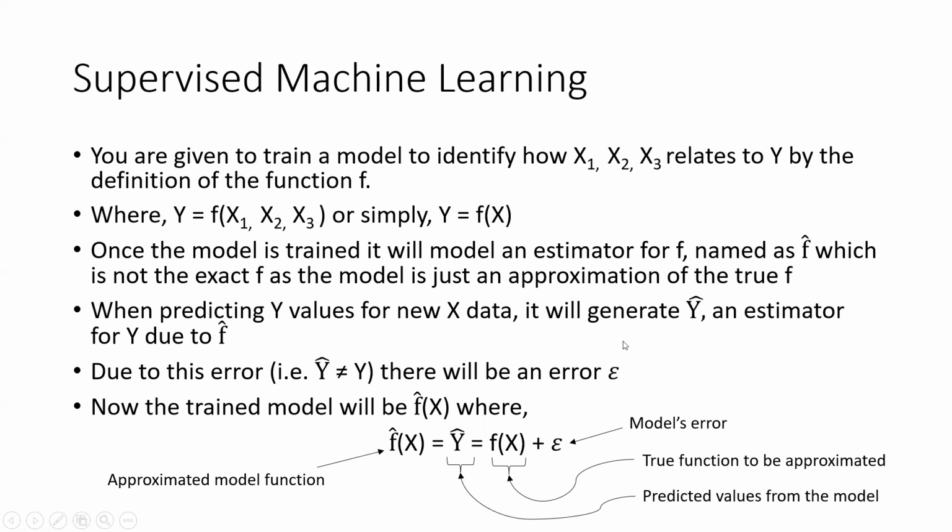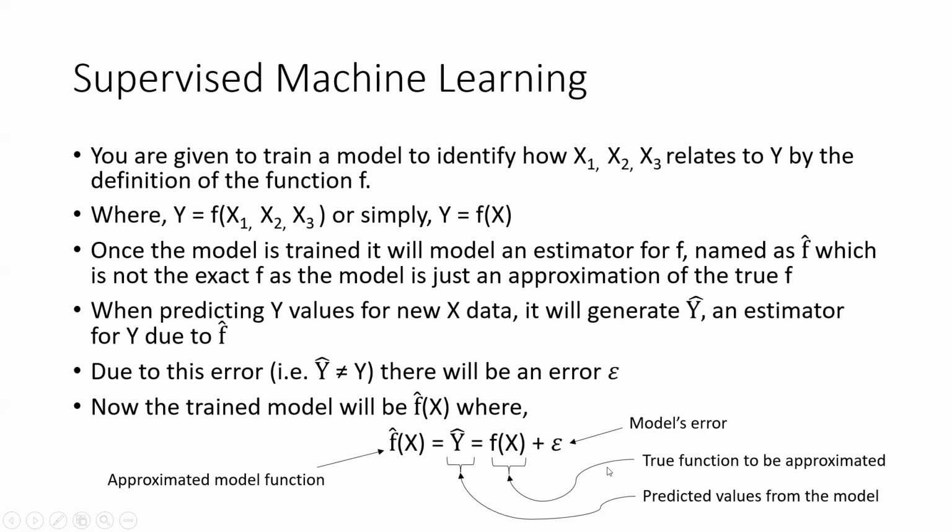Right? So here what we are learning are the notations of machine learning. The trained model will be f hat(x). The f hat(x) will be y hat, which should be equal to f(x) plus epsilon, right?